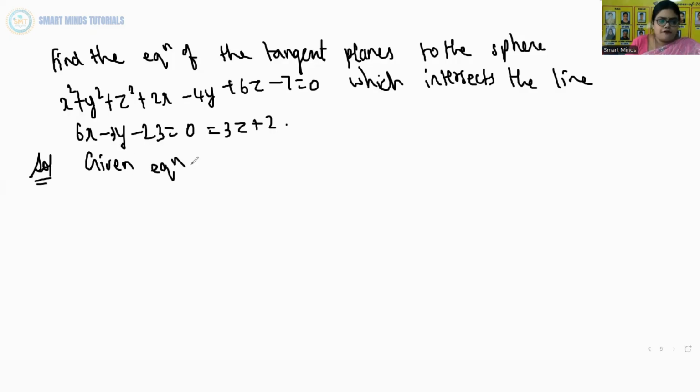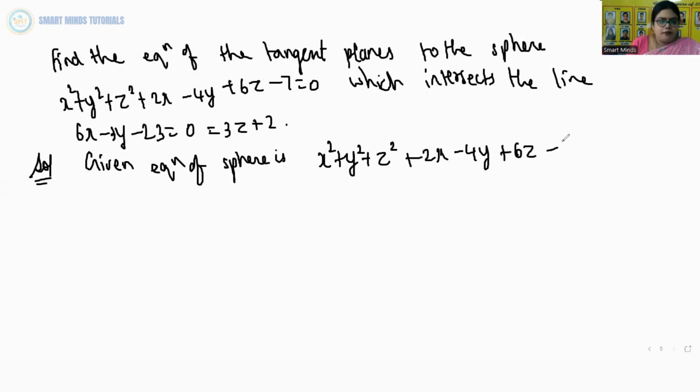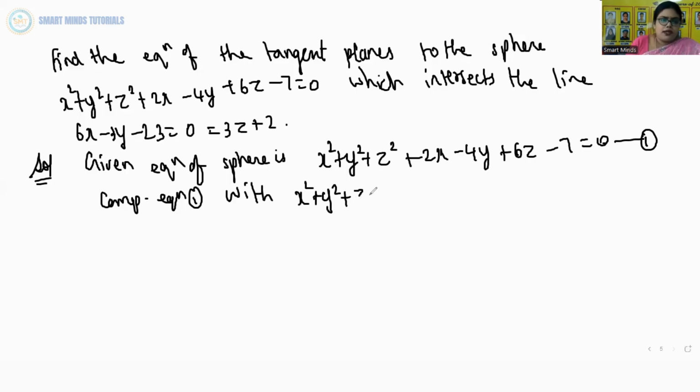Given equation of sphere is x square plus y square plus z square plus 2x minus 4y plus 6z minus 7 is equal to 0. Let's say this is equation number 1, and we are comparing this equation with x square plus y square plus z square plus 2ux plus 2vy plus 2wz plus d is equal to 0.